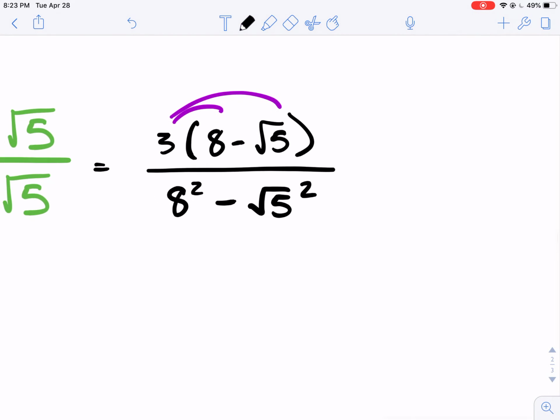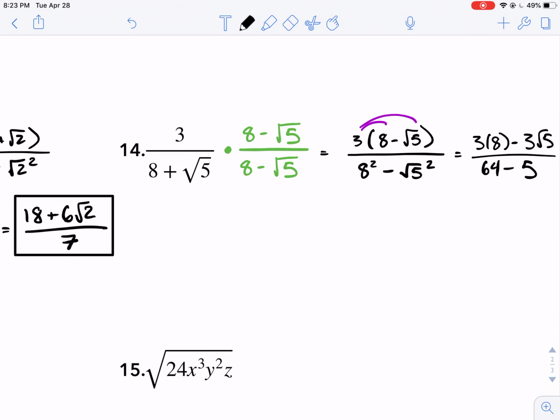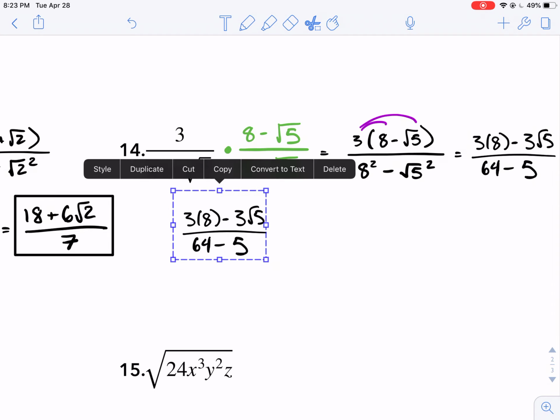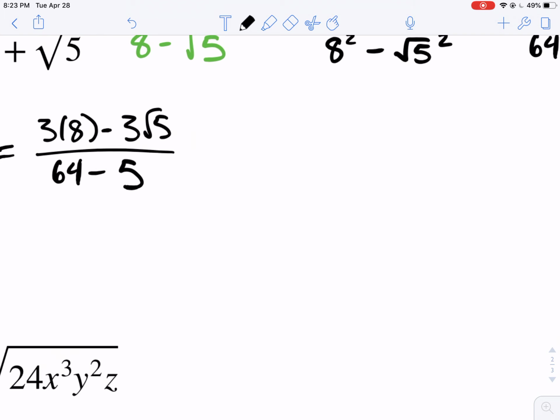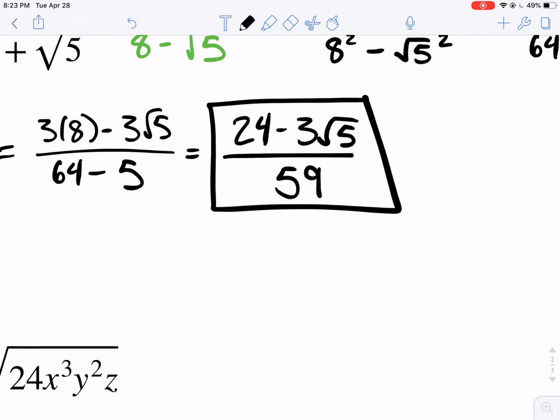This will give us 3 times 8 minus 3 times the square root of 5, all over 8 squared is 64, minus the square root of 5 squared is 5. We can clean this up because 3 times 8 is 24, 3 rad 5 stays the same, and then 64 minus 5 is 59. And there it is, all cleaned up.